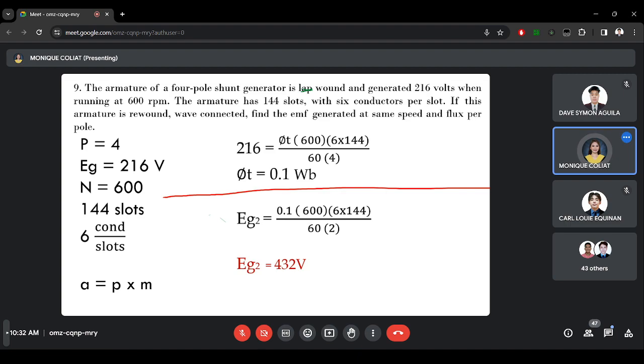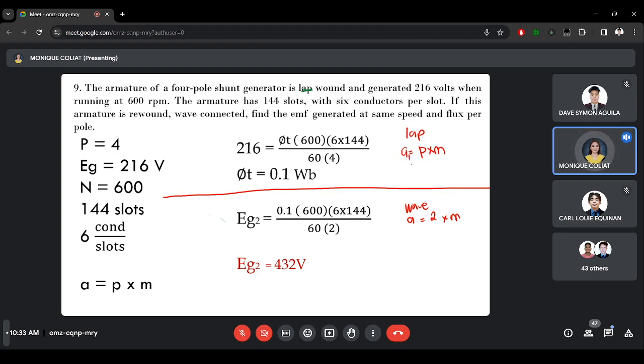What changed? The number of parallel paths. The A of lap is P times M and the A of wave is 2 times M, right? So A is what changed.